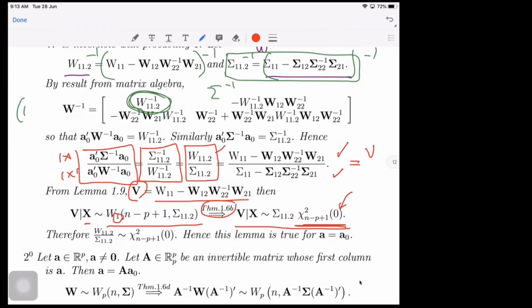So V conditioned on X will be equal to sigma 1.2 times a chi-square distribution. So that means, if you put this down here, it is just chi-square. Because V conditioned on X will be your W11.2. Okay?